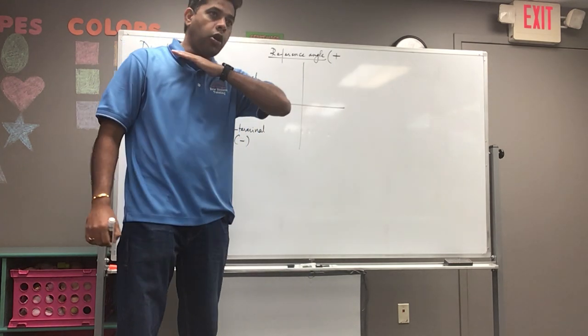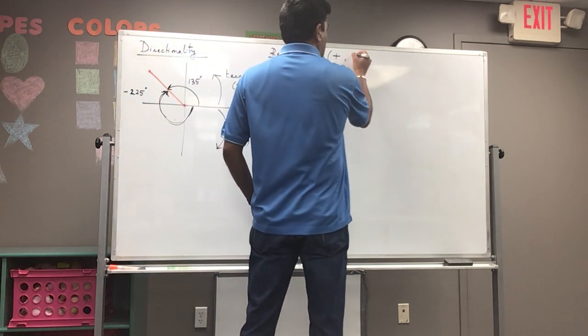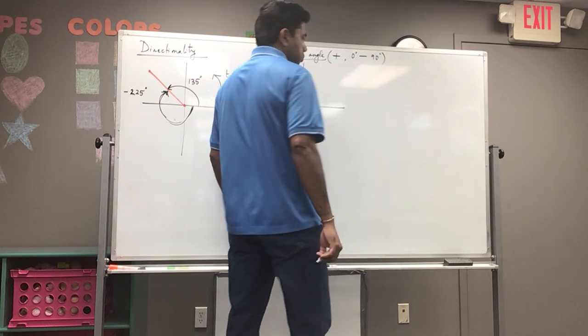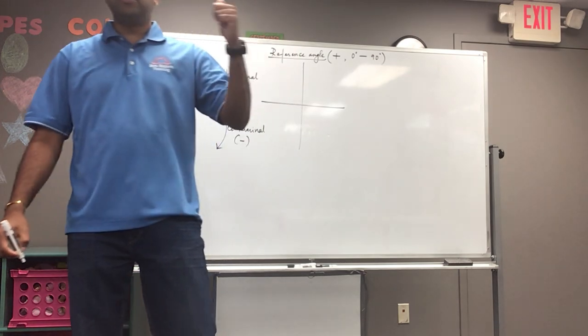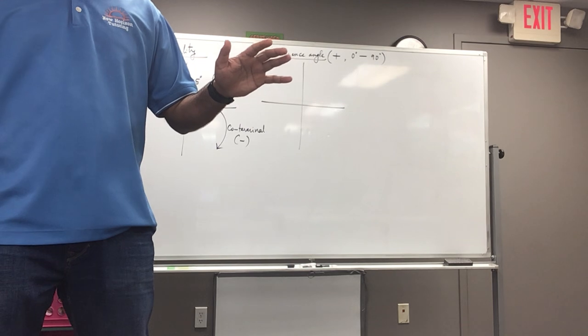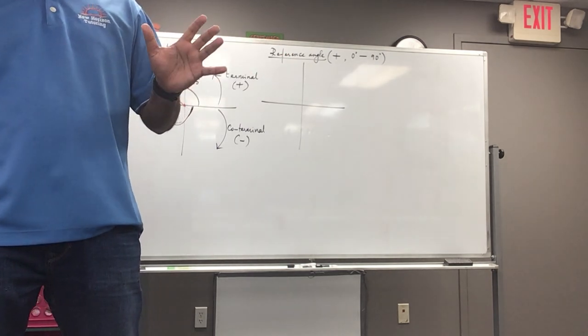So reference angle is always going to be positive. It's always going to be between 0 and 90 degrees. Alright? So reference angle is an angle that is referenced to the x-axis, always positive degrees, and always between 0 and 90. Sounds good?